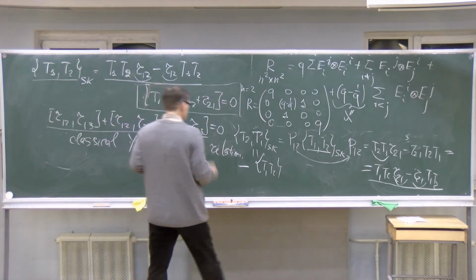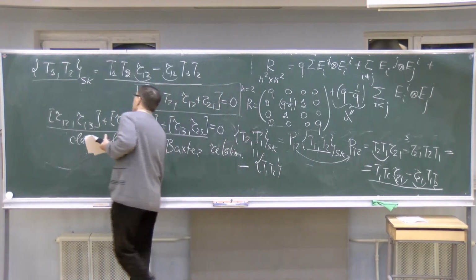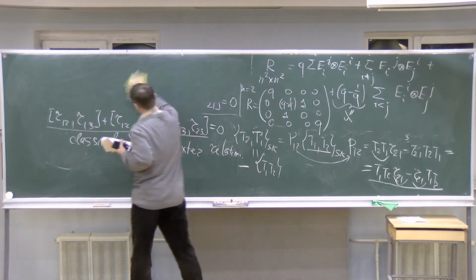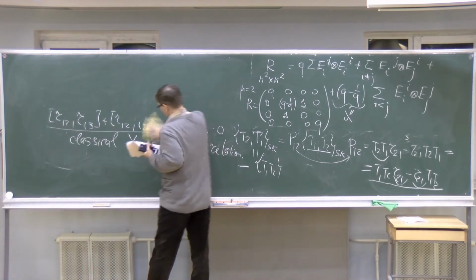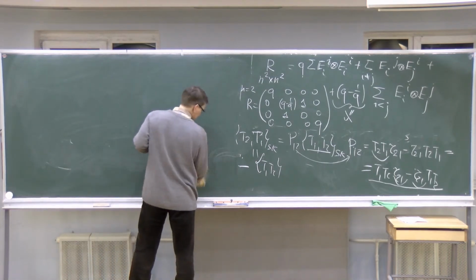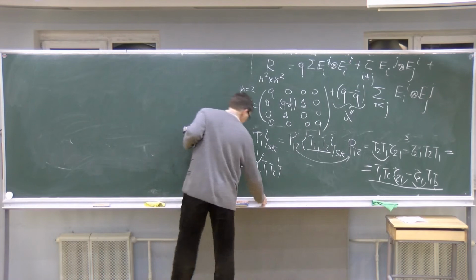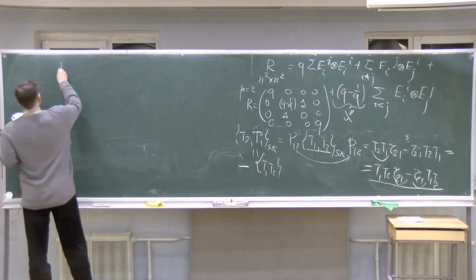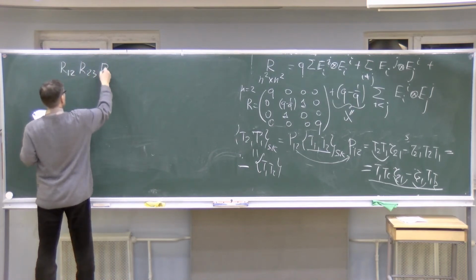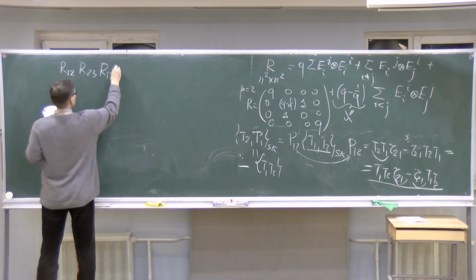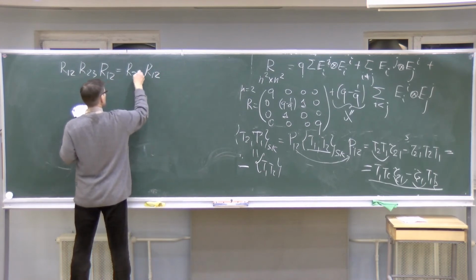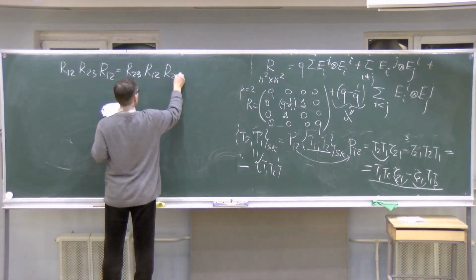What are the properties of this object? First, it satisfies the braid relation, similarly to the usual transposition of the symmetric group, namely R12 multiplied by R23 multiplied by R12 is equal to R23 R12 R23.